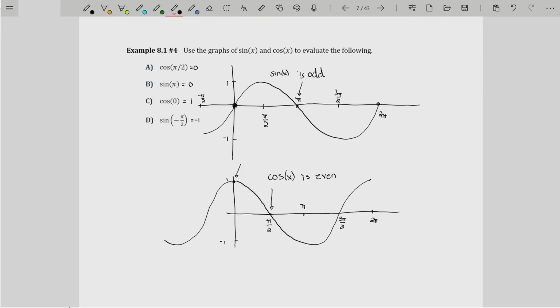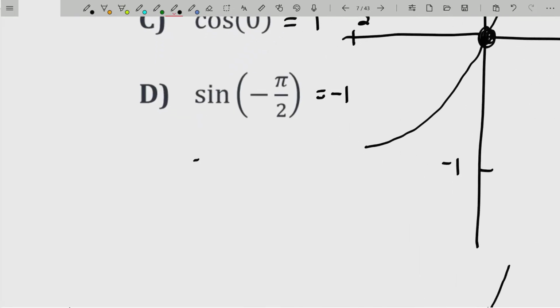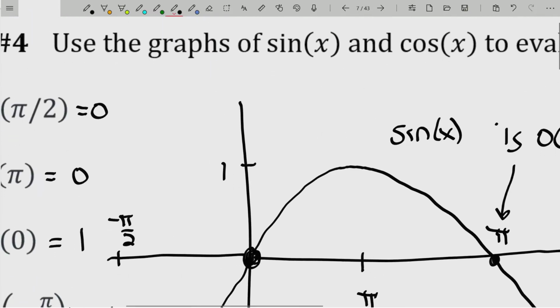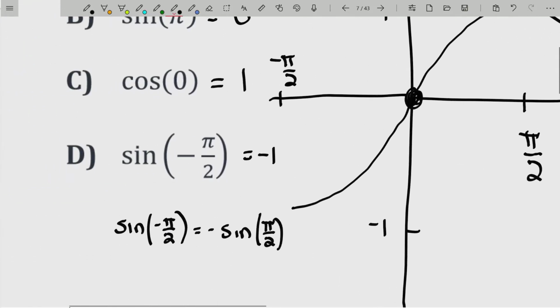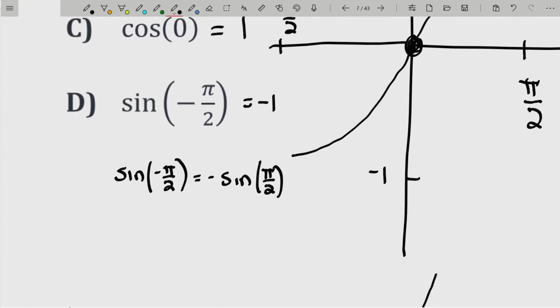In other words, they can be rotated 180 degrees and look exactly the same. Well, if sine is odd, that means sine of negative pi over 2 is the opposite of sine of pi over 2. And sine of pi over 2 is 1. Thus, sine of negative pi over 2 is negative 1.